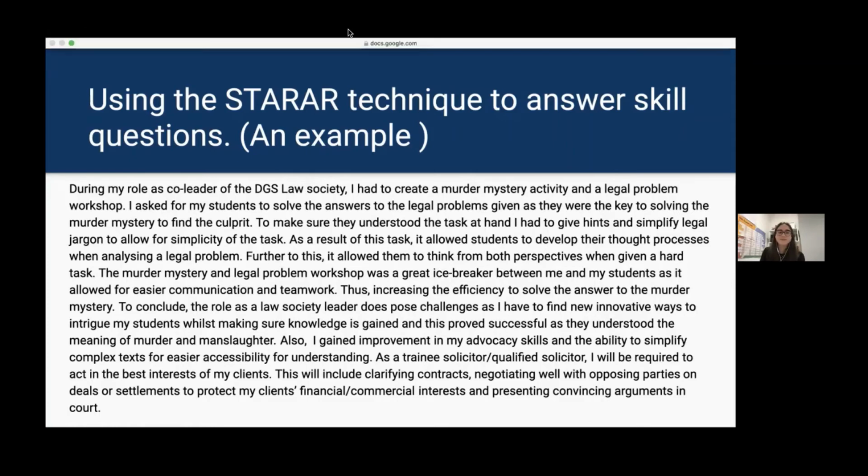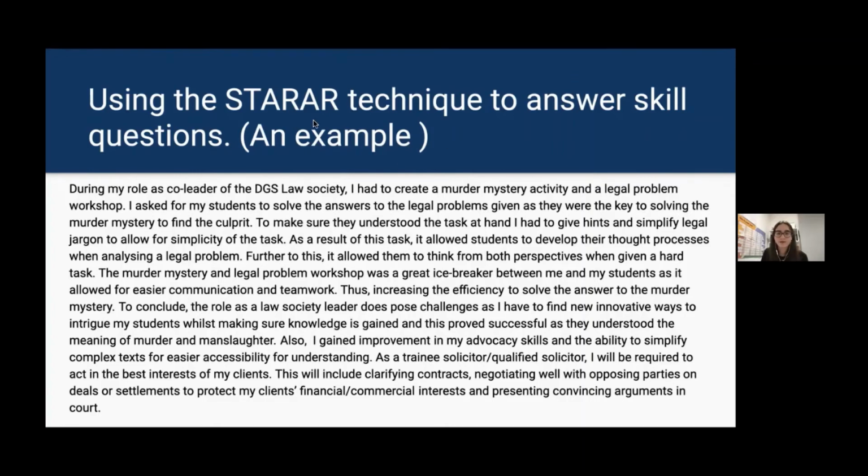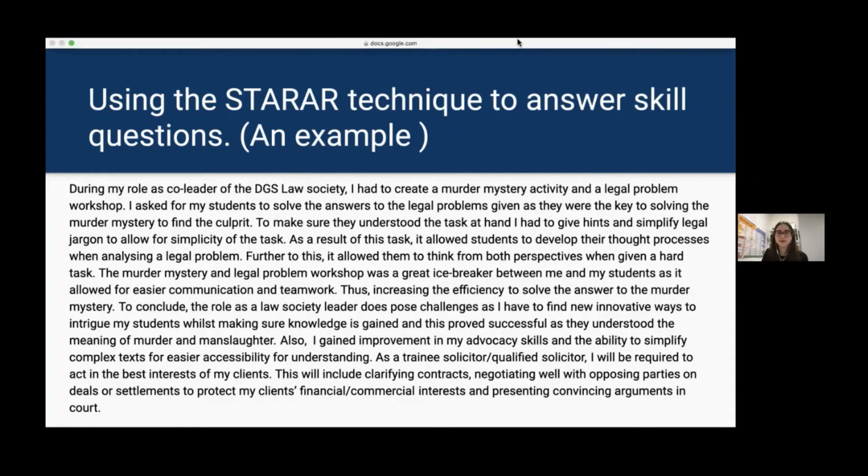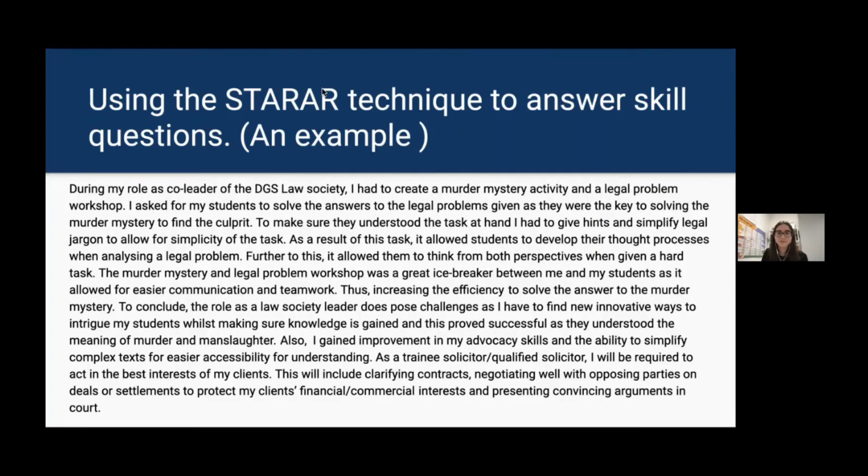Okay, has everyone had the chance to give that a read? Finished reading it? Do you want to just put in the chat if you finished? Okay, nice. So we'll move on. Can anyone identify where they've used the star technique, if you can point out any of the situation, task, action, any of those?